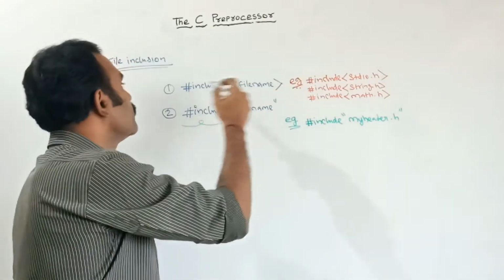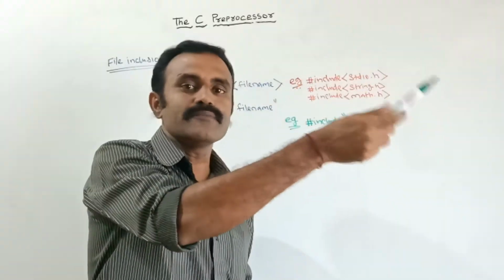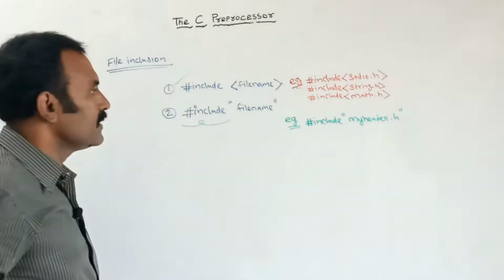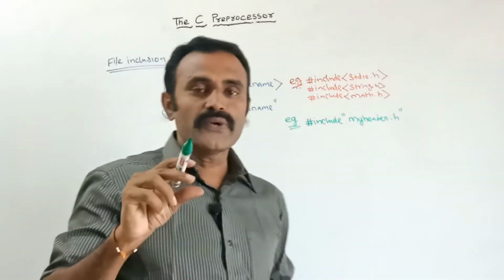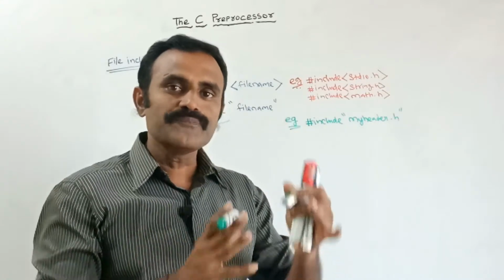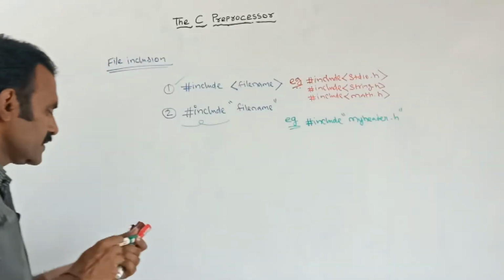The first form, you know already: how to include the system header file in our source code. Now we are going to see this second type: we are going to create the header file, and after that include that header file in the source code. Here you should remember these two steps.